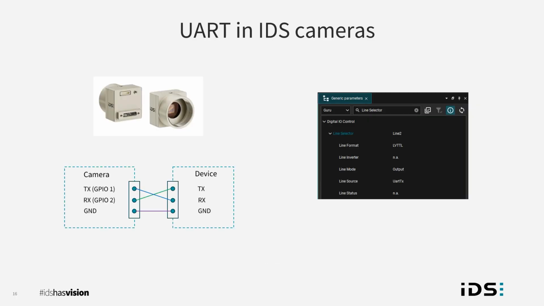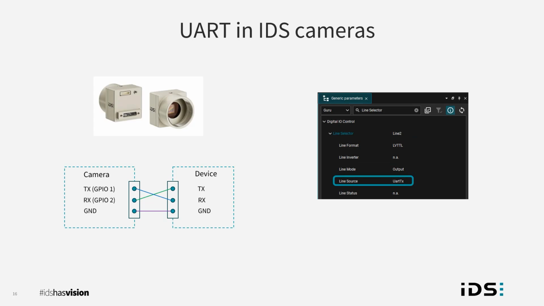To configure the UART interface, we can either do this programmatically or we can set this up with IDS Peak Cockpit. On the hardware side, we are using the general purpose lines GPIO1 and GPIO2. In the generic parameters dialog, we need to set the line selector to line 2, as this corresponds to GPIO1, and then set the line mode to output and the line source to UART-TX.